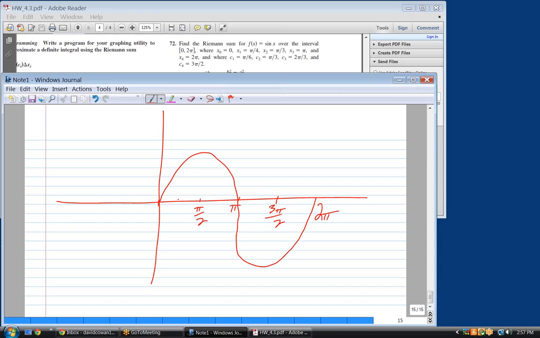They want us to go pi over 4. So the first Riemann rectangle is that one. Actually, the first one is x sub 0 equals 0. So they're using left sums.